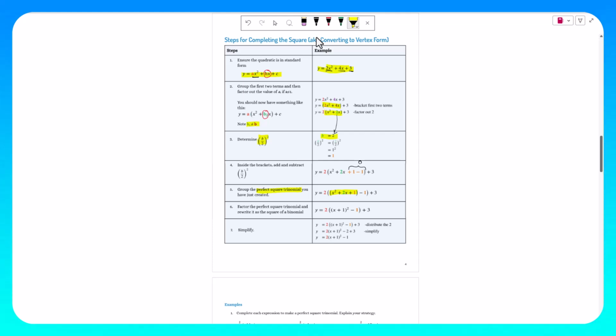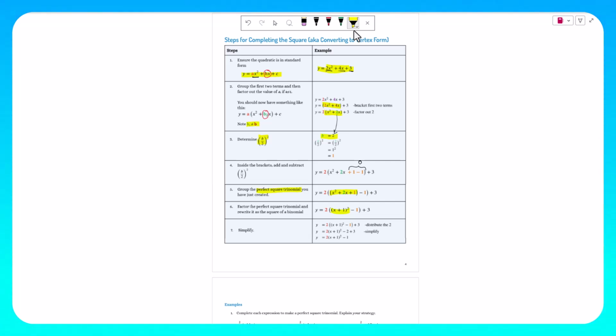This is not magic, and at the end of the lesson, we'll explain why this works. So now that I have this perfect square trinomial, I'm going to write it in factored form. And that's this one right here.